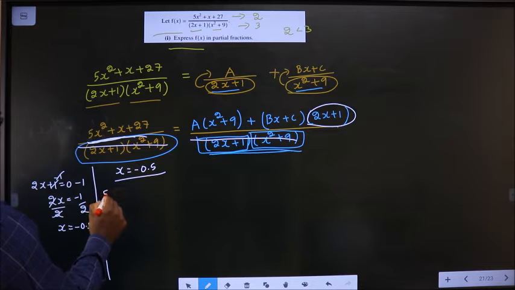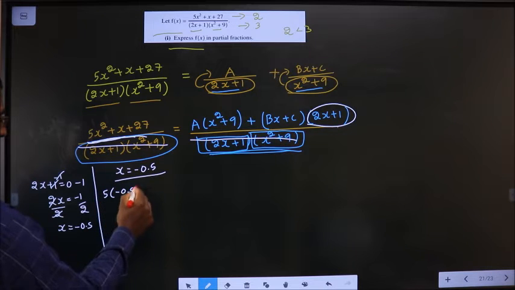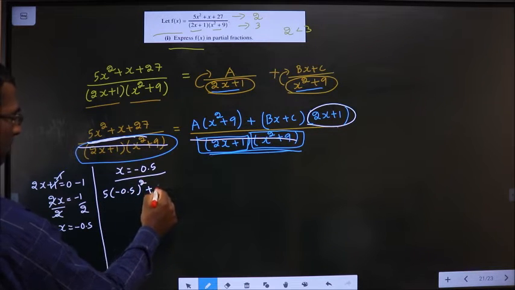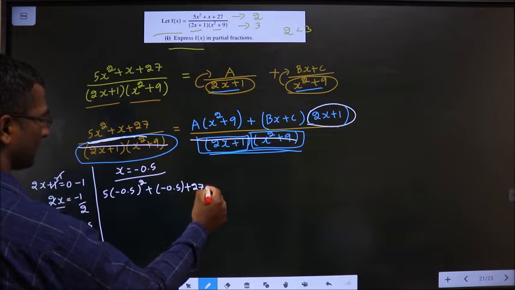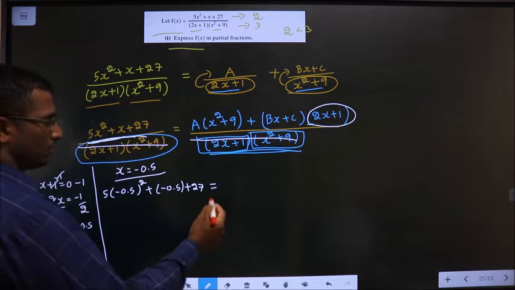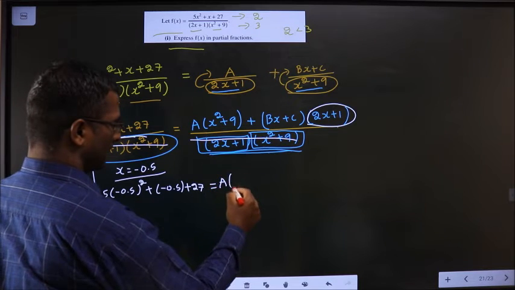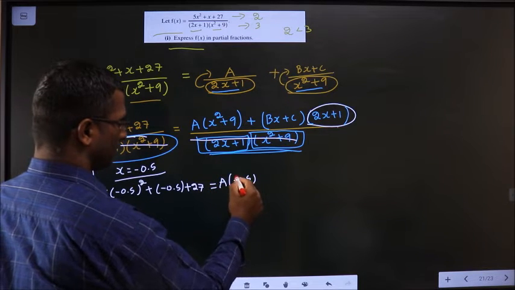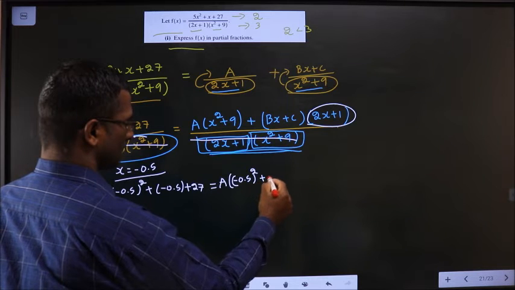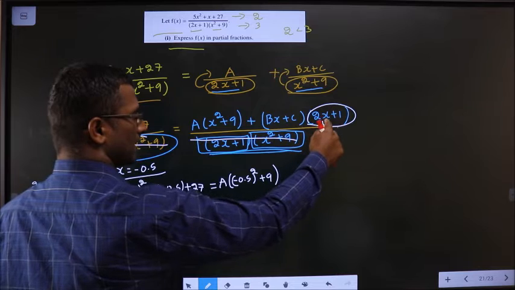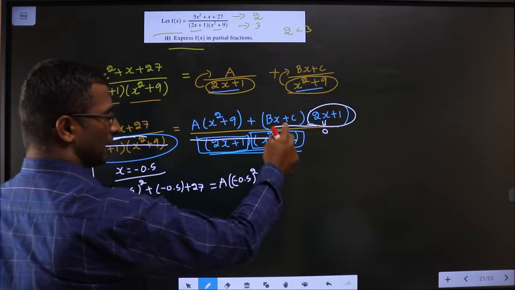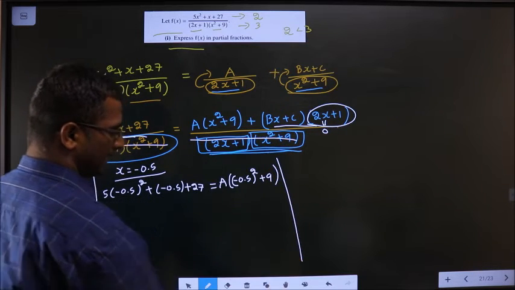Then this will become 5 times minus 0.5 whole square plus minus 0.5 plus 27 is equal to a brackets minus 0.5 whole square plus 9. When x is minus 0.5, this thing is 0. 0 into anything gone, so that I am not writing.